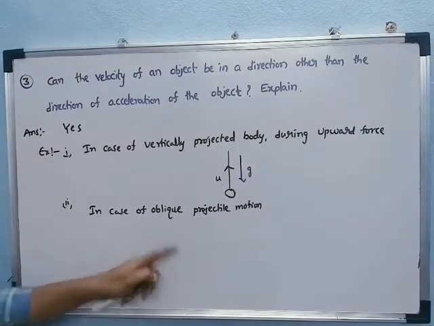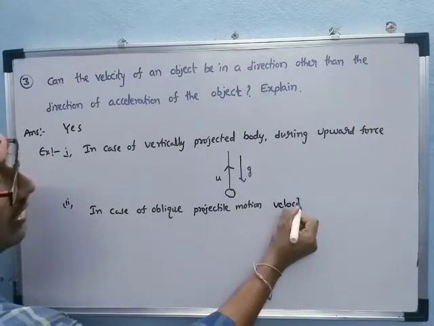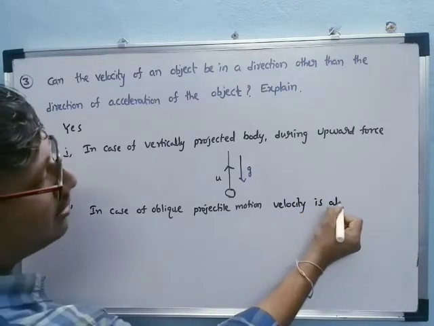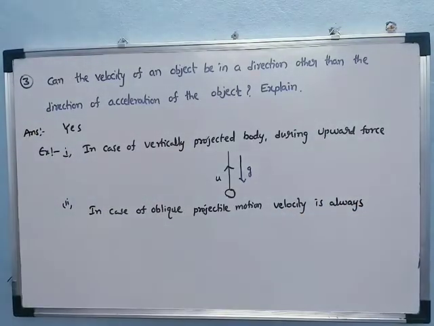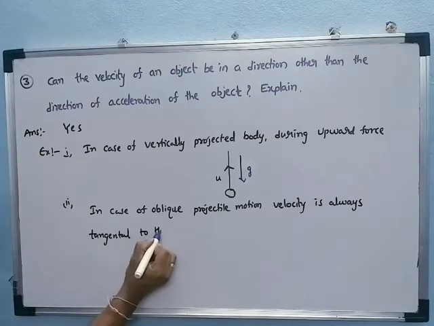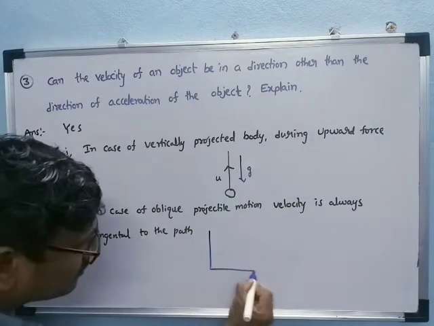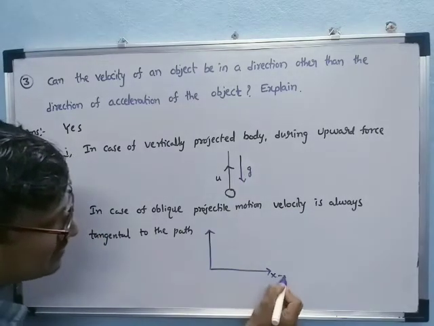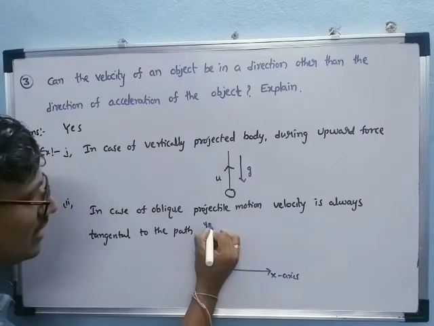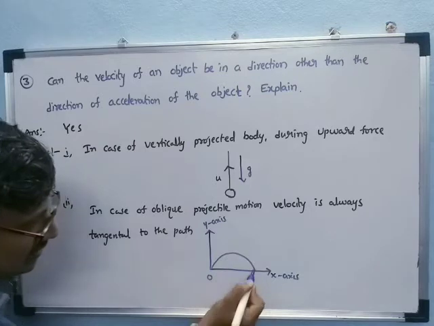In case of oblique projectile motion, velocity is always tangential to the path, but acceleration due to gravity acts downward. See, this is the oblique projection. It is taken with the x-axis and the y-axis, with the origin. Now this is the projectile motion.